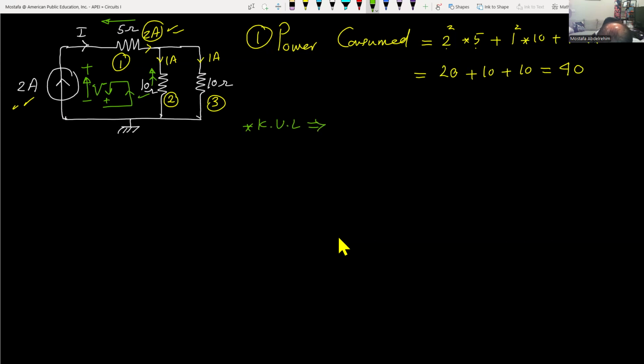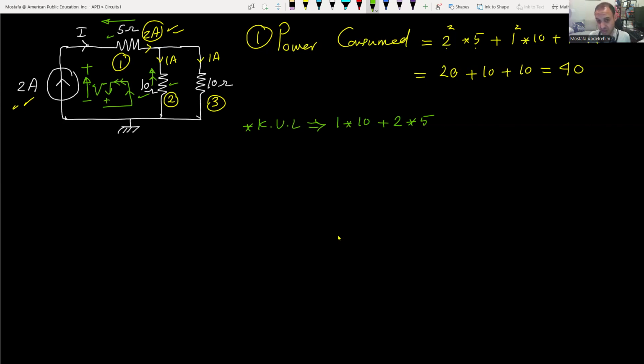So KVL. We have the voltage of the 10 ohm here, where the current is 1 ampere multiplied by the resistance 10. Then for that 5 ohm, its voltage is going from right to left, so it is matching our positive direction of the loop. So its voltage is the current multiplied by the resistance, so 2 amperes multiplied by 5. And now the voltage of the current source, which we don't know.